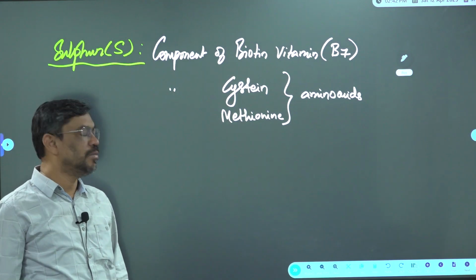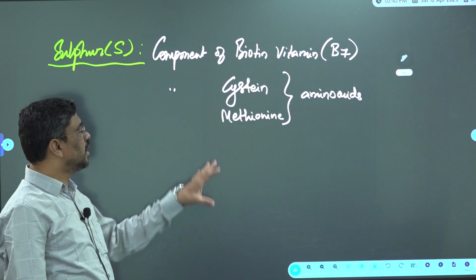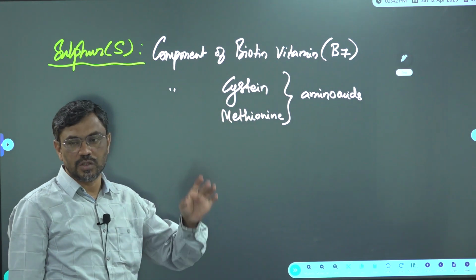Biotin vitamin means vitamin B7. It is a component of cysteine and methionine amino acids. So sulfur is a component of biotin vitamin, that is vitamin B7, and a component of cysteine and methionine amino acids. These points you have to remember.